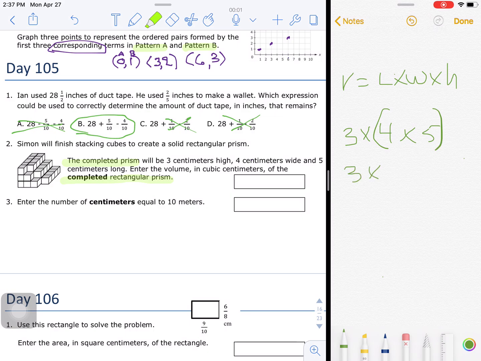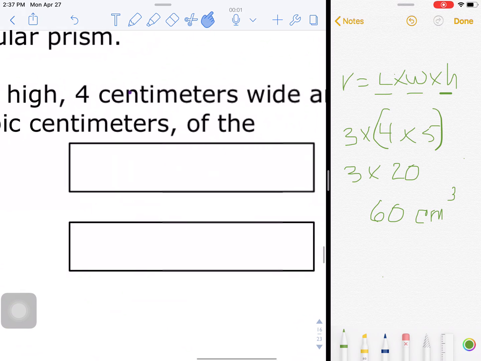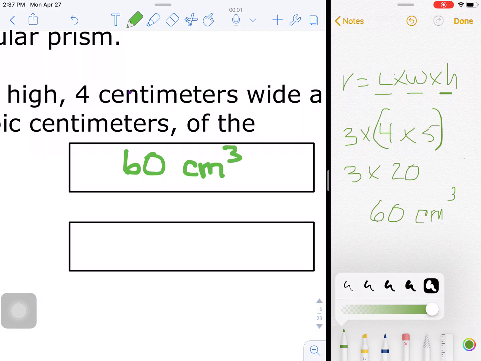So 3 times 20 is equal to 60, and volume has 3 dimensions, so we're going to go centimeters cubed. 60 centimeters cubed. Very good.